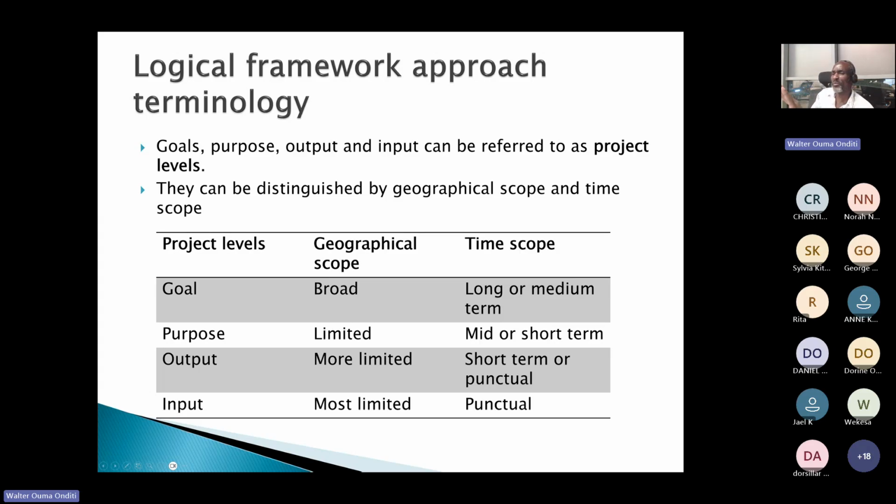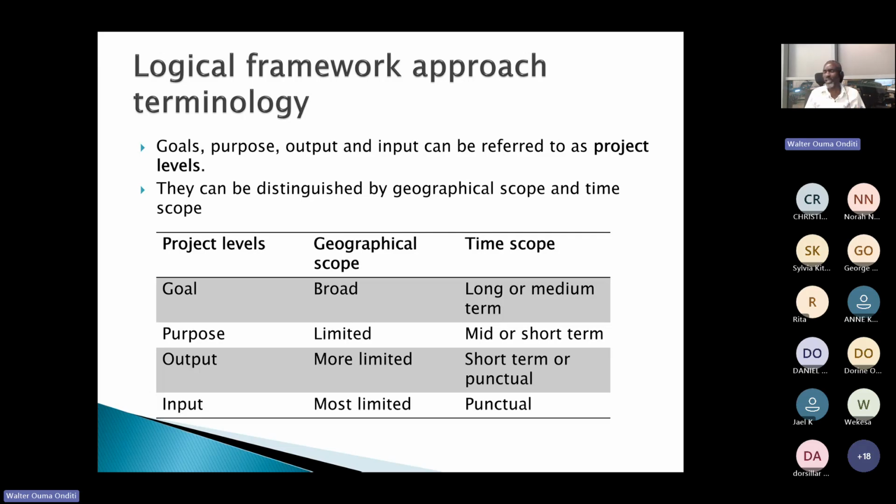When you're looking at these terminologies, the goal, the purpose, the output, also think about the geographical and of course time scope, because this also dictates what we define there. The goal is so broad, but we are saying it is long term in terms of duration. If you're talking about a project that is 5 years, maybe from the 3rd year onward, that's when you'll be able to talk about it.